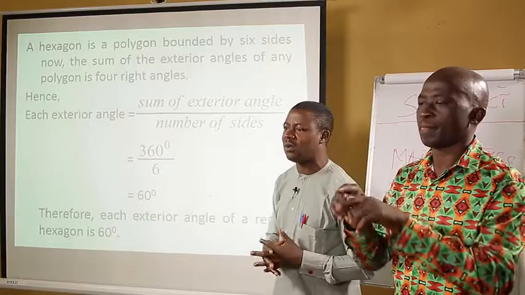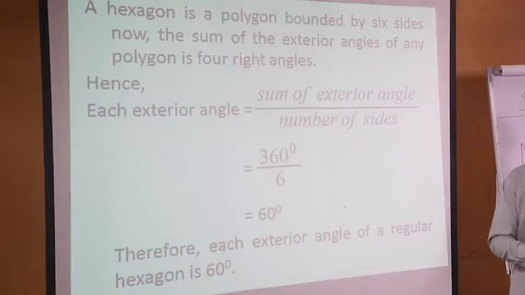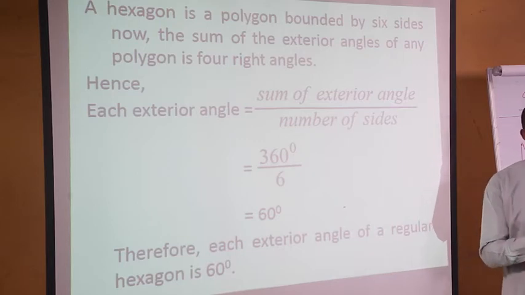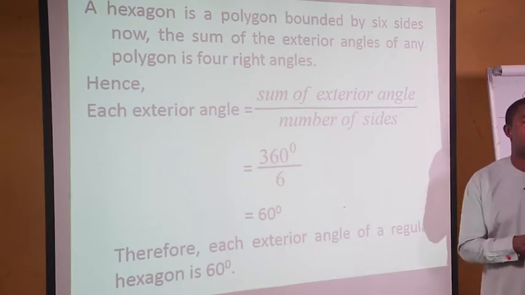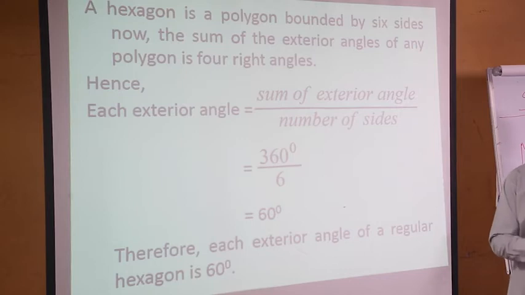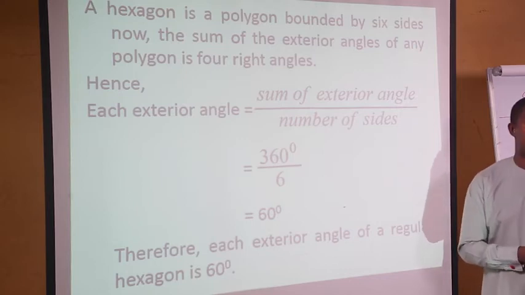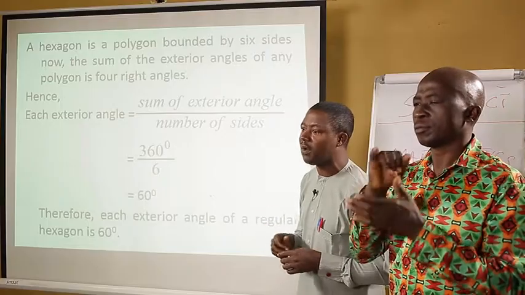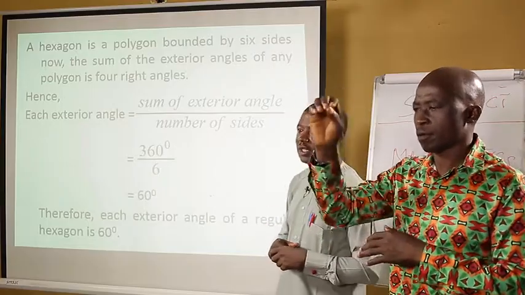Now, for a hexagon, the sides of the polygon are 6. So we need to know the sum of the exterior angles, which we have already stated from the definition, that the sum of exterior angles of any polygon is 360 degrees.